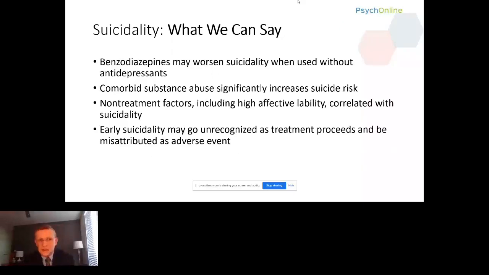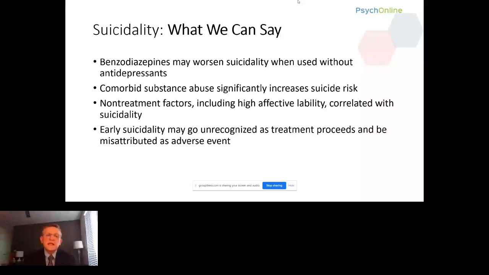Well, what can we say? Well, we do know that benzodiazepines may worsen suicidality when used without antidepressants. This should always be a concern. We know that comorbid substance abuse significantly increases suicide risk. So that's something to be monitoring. And then even non-treatment factors, including high affective lability, are correlated with suicidality.